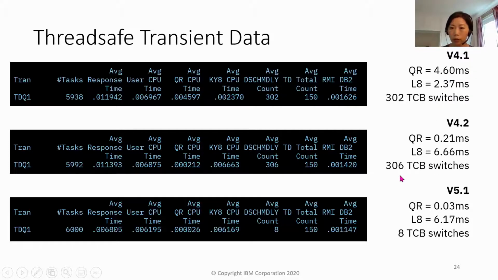The second one still needs TCP switching, but a lot of the time is now on the L8 TCP. As you can see, the QRTCP now has much less time compared to the 4.1 scenario. Then in the 5.1 scenario, the time is all on the L8 TCP, which dramatically reduced the TCP switches.